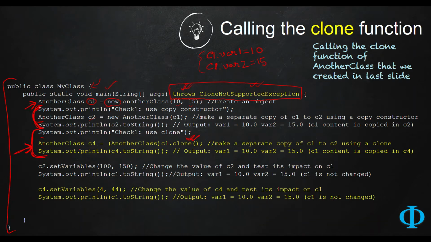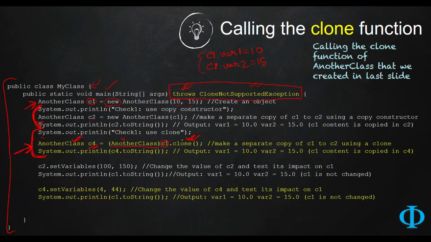So here I have first created an object C4 of the same class, and then I am calling the clone function like this. In order to call the clone function, what you need to do, first, typecast the object, that is C1 in our case, to the class where you have defined the clone function, where you have overridden the clone function.